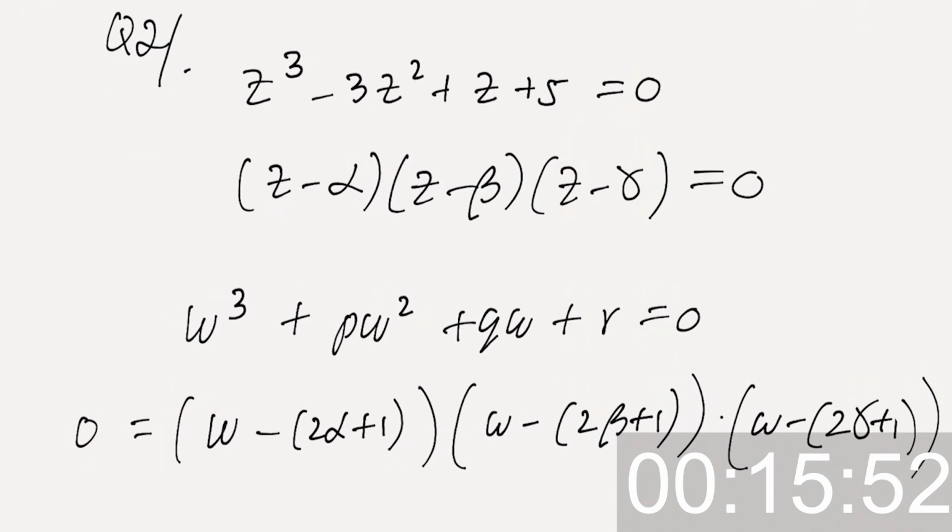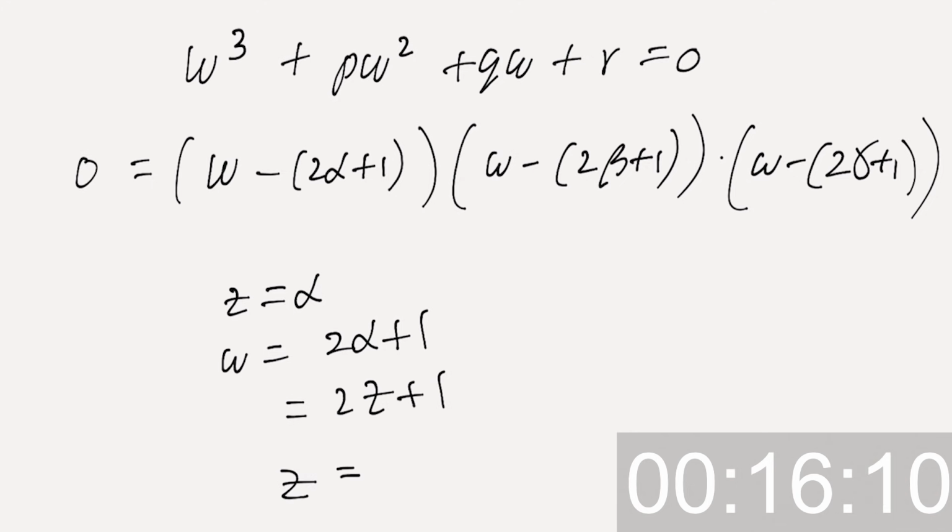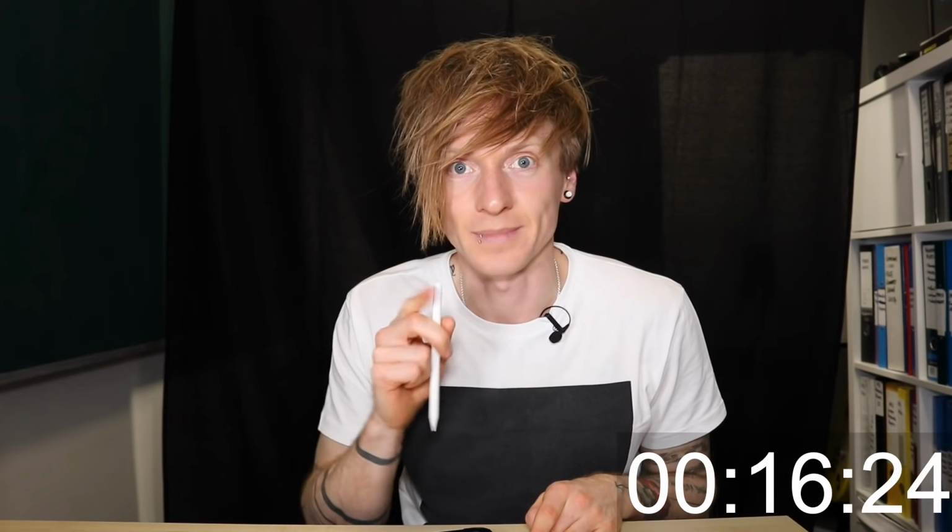We know that, if z is alpha, then we're interested in w being 2 alpha plus 1, which you could say is 2z plus 1. So z is w minus 1 over 2. Right, so we've got a relationship between the roots, so therefore, if I plug that into the z equation, I should get a polynomial in w.